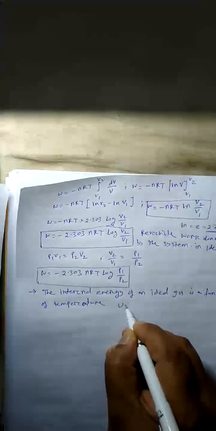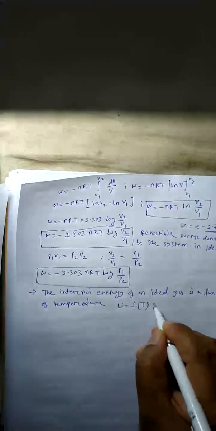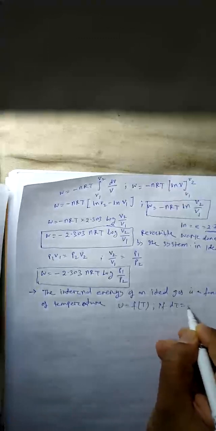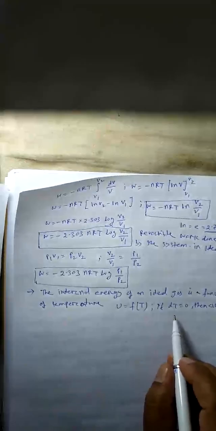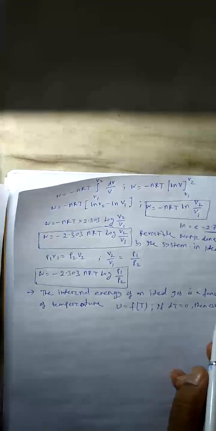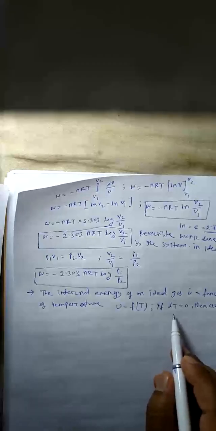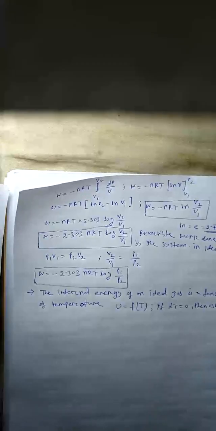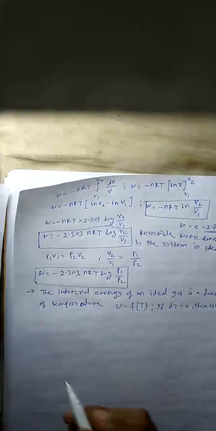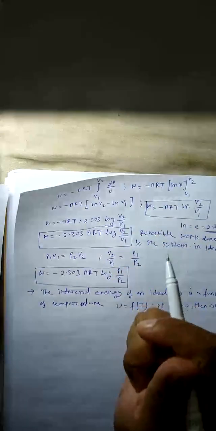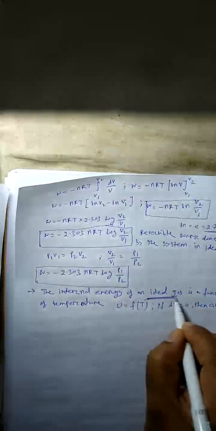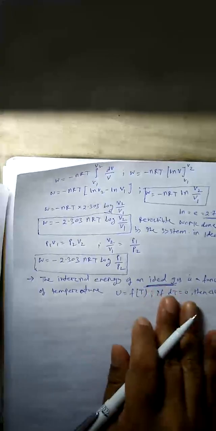That means internal energy U is a function of temperature. If dT is equal to 0, then delta U is also equal to 0. That means the change in internal energy is 0 when the change in temperature is 0. That is why the internal energy of an ideal gas is called a function of temperature. If temperature tends towards 0, internal energy also tends towards 0. It is only possible in the case of ideal gas. It is not possible in a van der Waals gas.